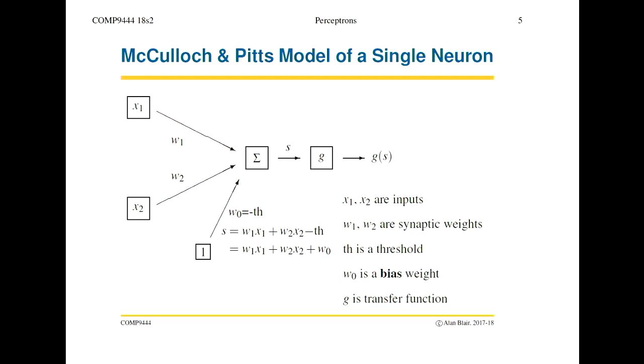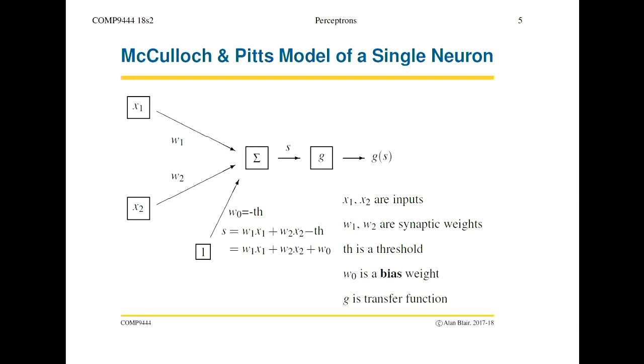So often, instead of subtracting theta, we add this number called W0, which is the negative of the threshold. This is just a mathematical convenience because it turns this into a linear sum. And the W0 is sometimes called the bias.